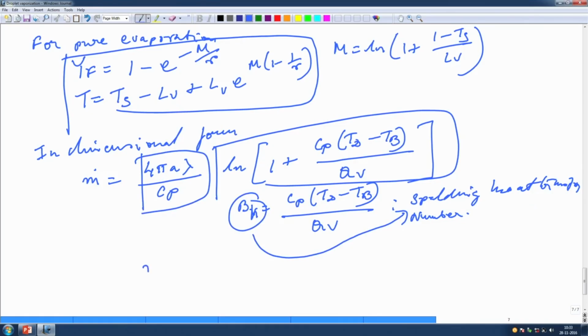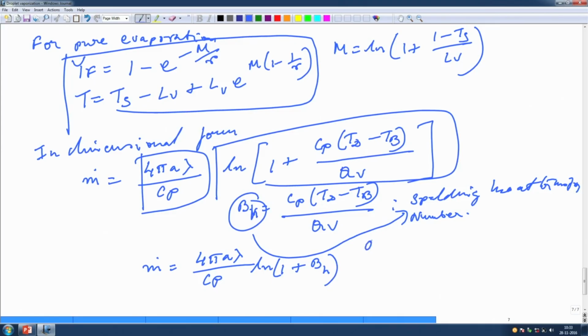So, m dot in that compact notation can be written as A lambda divided by Cp, ln of 1 plus BH. In some cases it will be written as BV, it does not really matter, it is the same thing. So, what does this represent?